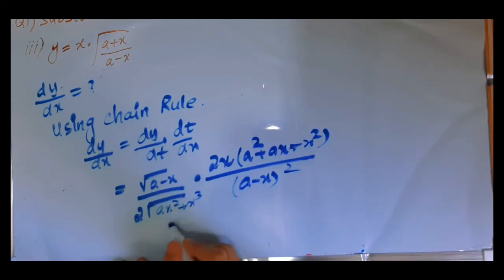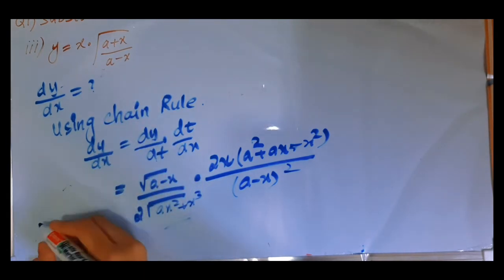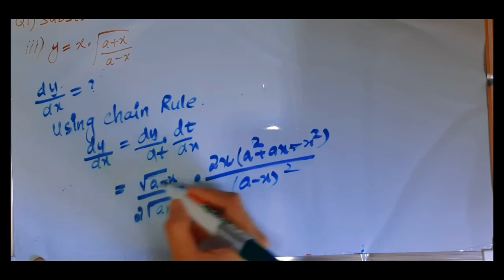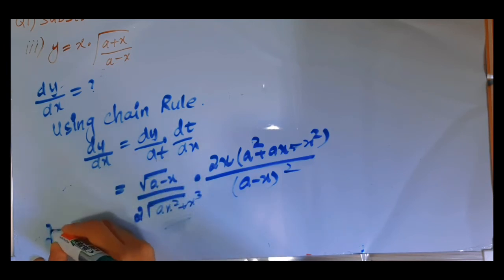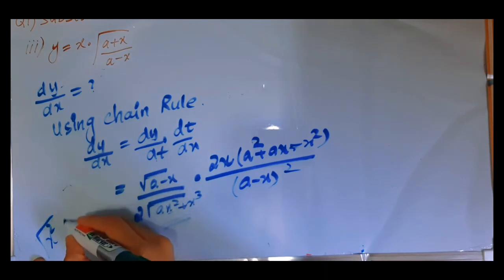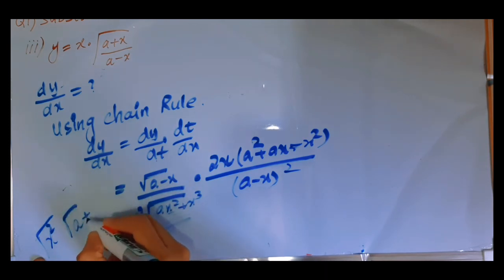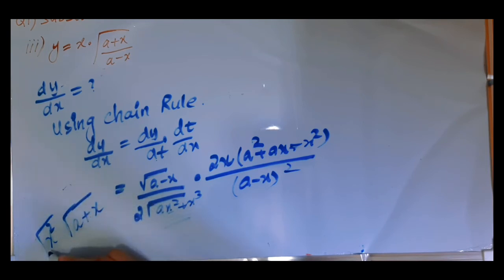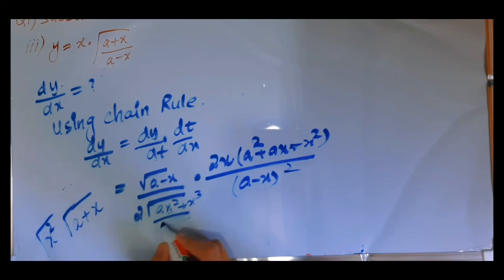Shift this part into the question form like this. We will take out x square from it. It will be like this: x square, and here this will be x plus a plus x, and if we multiply it, it will be x.